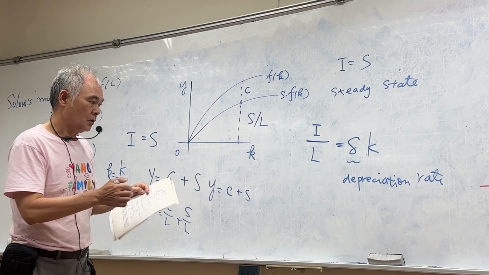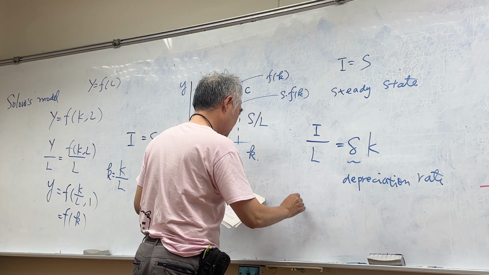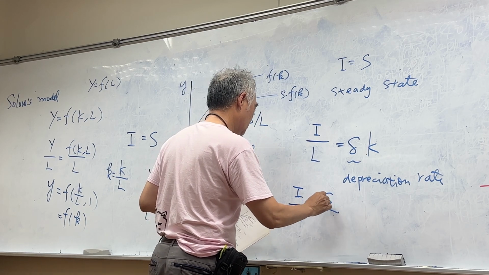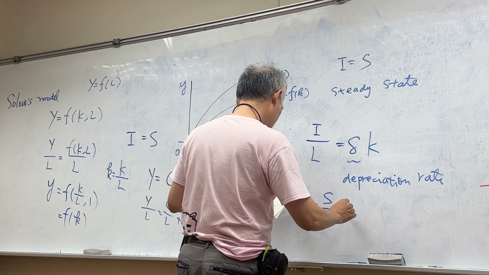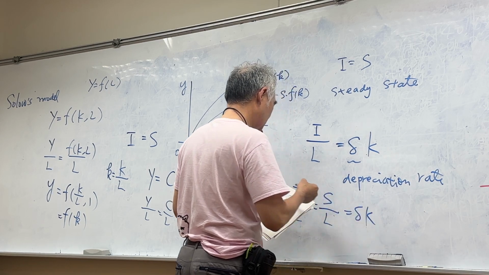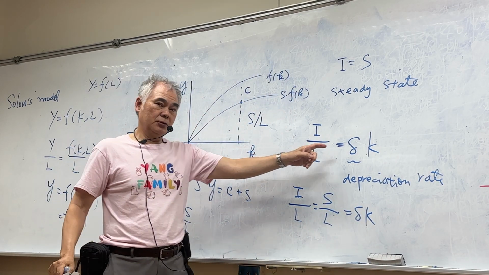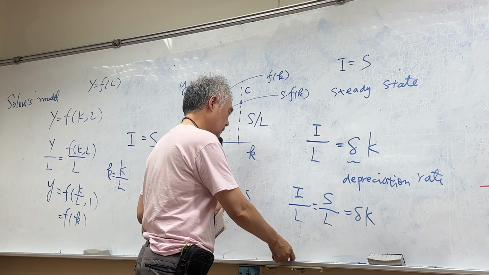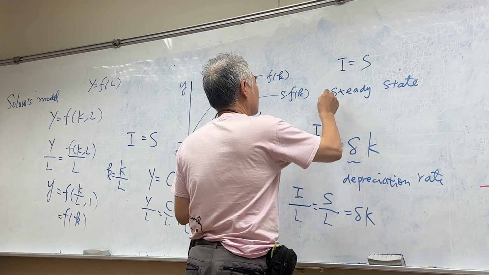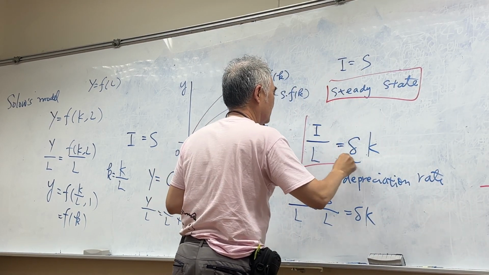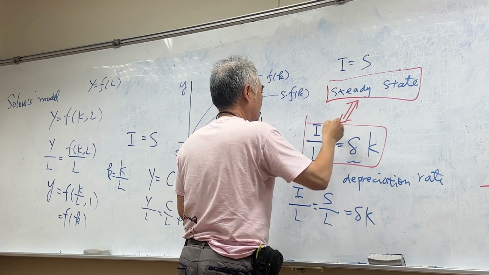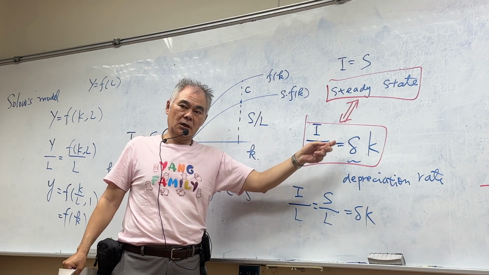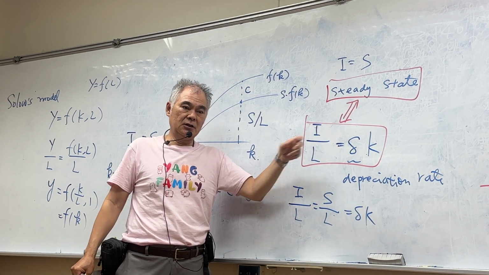Suppose the investment equals saving, and then equals the depreciation, where delta is the depreciation rate. This tells you it is in steady state, because your investment is able to make up for the loss in equipment, for the loss in depreciation.